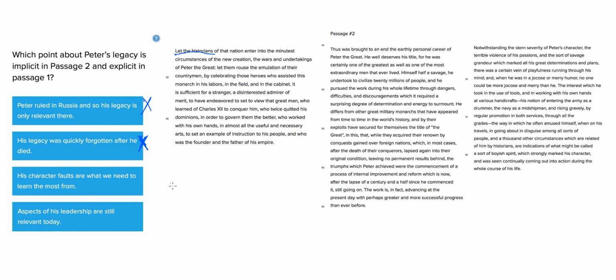And answer choice 3, this says his character faults are what we need to learn the most from. So both authors only briefly mention Peter's faults. They are something, moreover, that are outweighed by his virtues and accomplishments and can be almost brushed over.